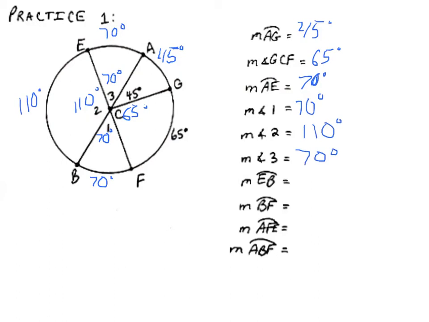Arc EB this time. Short, 2 letters, minor arc. I'm saying that to remind you. It has to be less than 180. Remember, EB, not EB. That's bad. That would be 3 letters. Short way, 110. BF, short way, 70 degrees.